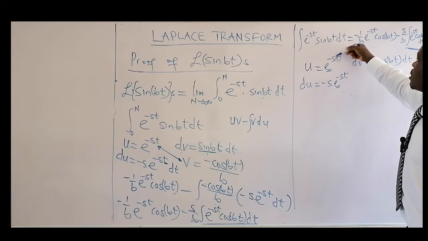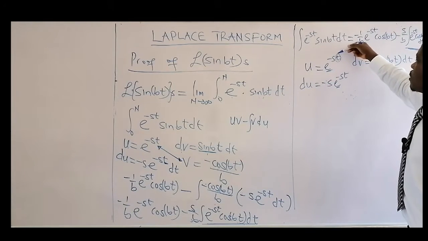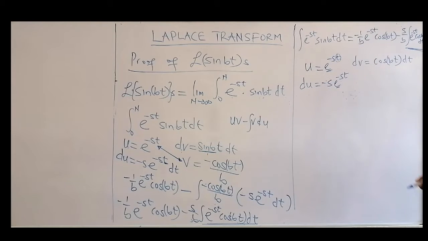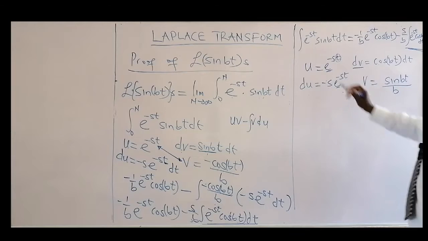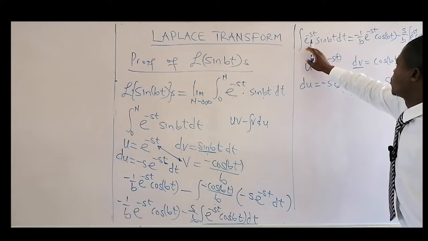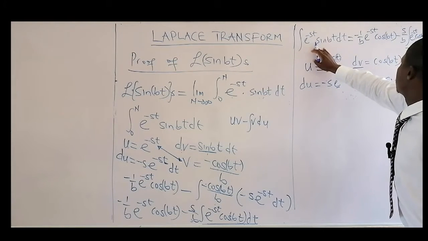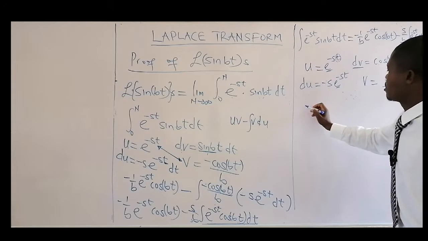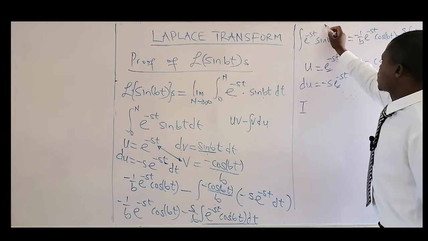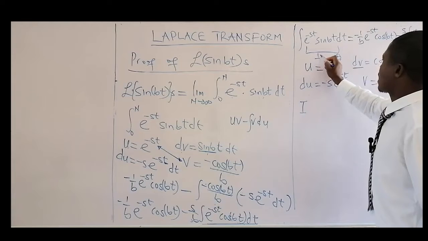Our function is t, so times the derivative of t, which is minus s. Then integrate this one, so v is equal to the integral of cos, which is sine bt, then you divide by the derivative of the function, which is b, so sine bt over b. Now we have our integral. Can we call it I because of space? Let's denote this one as I.